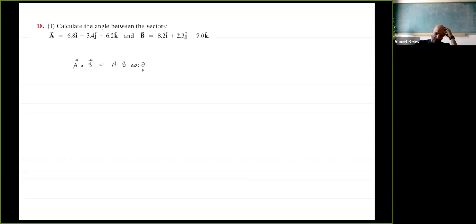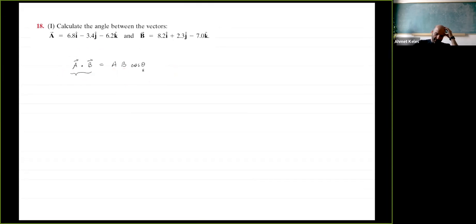For that, we first need to multiply the vectors and find the left-hand side. Then we need to find the magnitude of A and the magnitude of B. Then we can solve this equation for theta. So let me first start with the dot product.